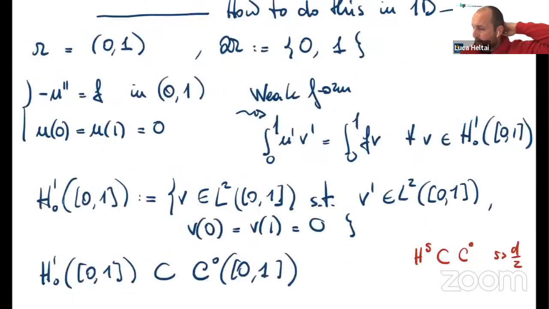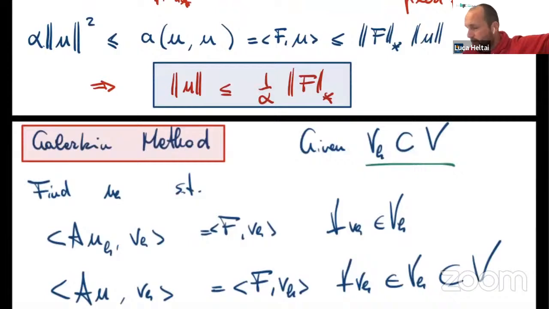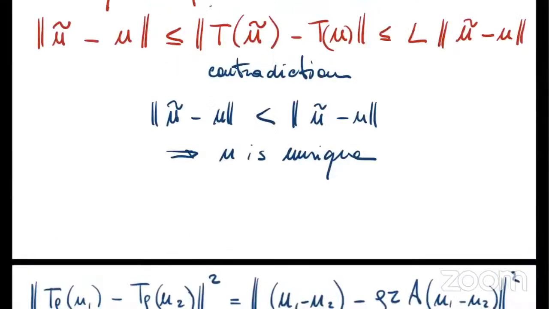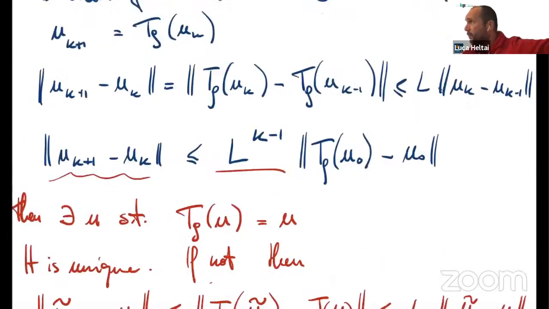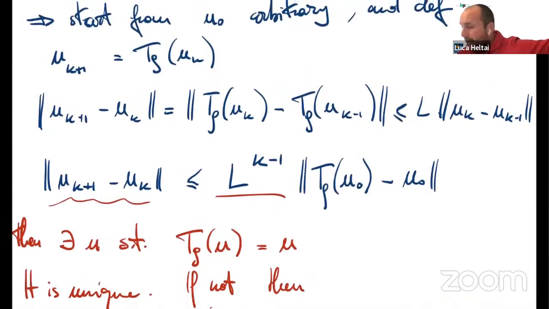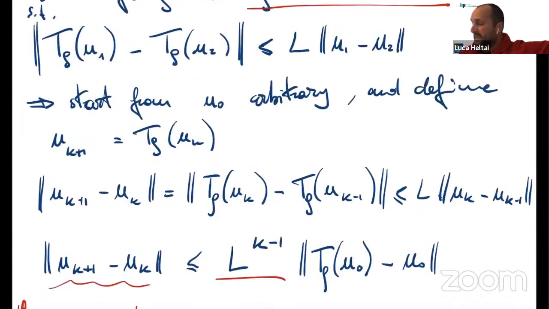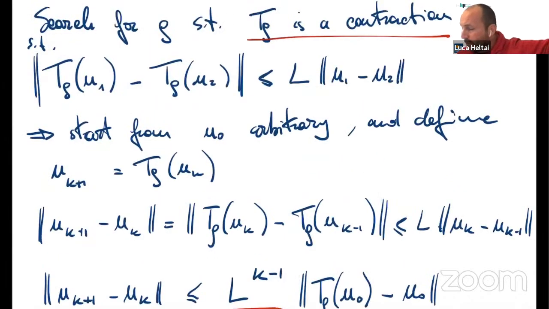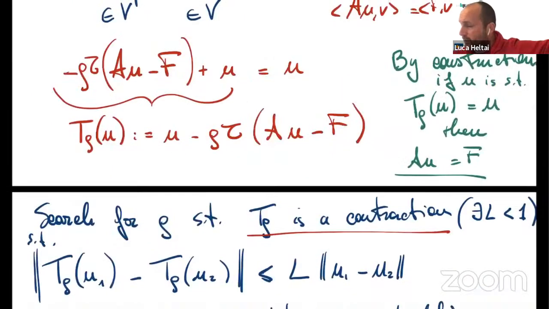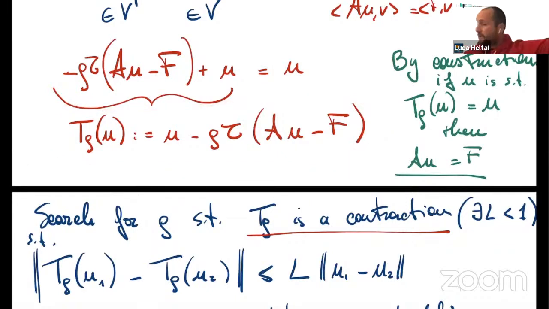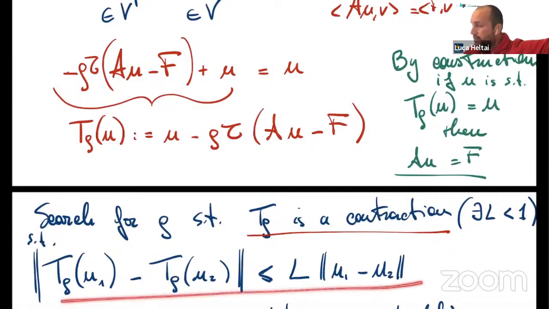So the question here is the following: I don't have a priori a fixed point problem to solve, so I have to construct one. And there are several arbitrary ways to construct contractions. The idea here is that I want to construct one particular contraction. In order to make sure that this is a contraction, I have to make sure that it has the diminishing properties on the norms.